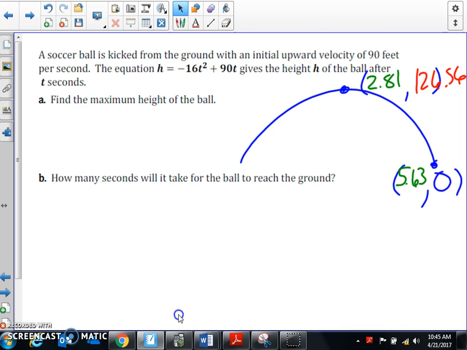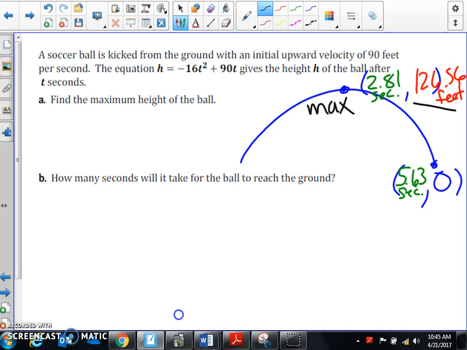All right, so remember, x is always time. So this is going to be seconds, and then that's going to be height. Y is always height. And so if they were talking about feet, so this is going to be feet. All right. And let's go ahead and put it in. So find the maximum height of the ball. This is the max. The height is always y.